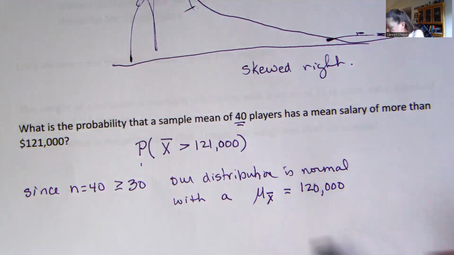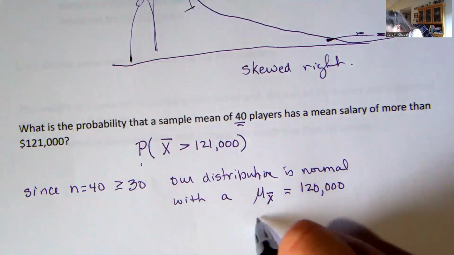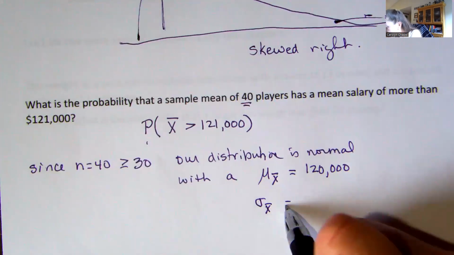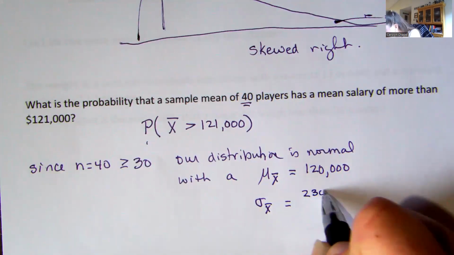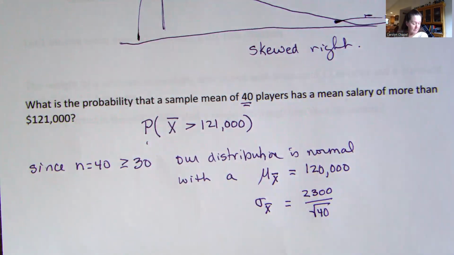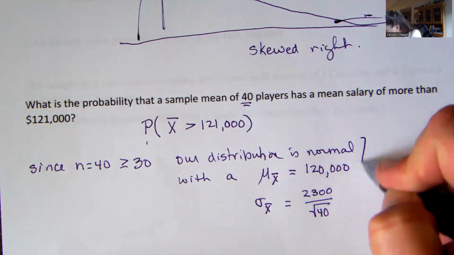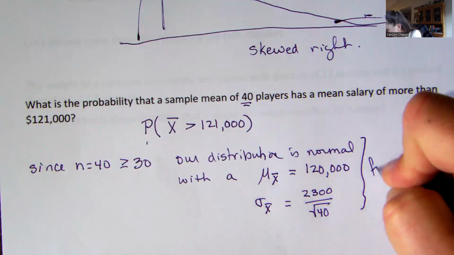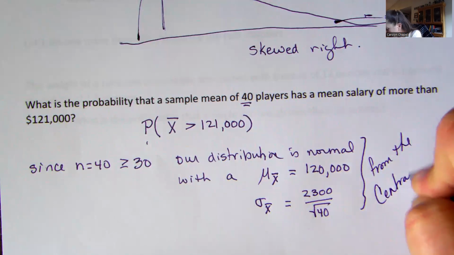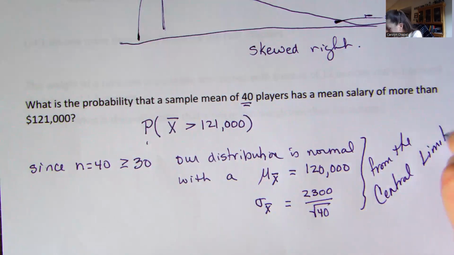Also from the central limit theorem, we know what our standard deviation looks like. It is going to be the standard deviation of the original one divided by the square root of n. And I'm going to leave it there. This information is all possible from the central limit theorem. Good thing we don't have to prove it, we just get to use it.